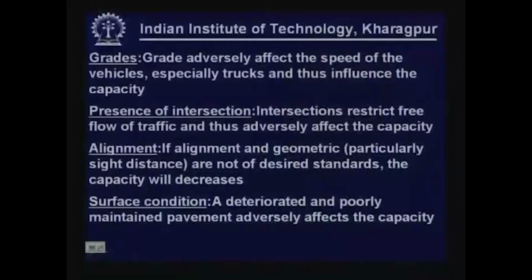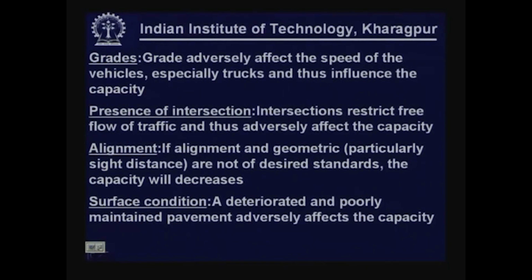So, on grades, presence of heavy vehicles may really influence the capacity to a large extent. Presence of intersections also influences capacity, because intersections restrict free flow of traffic and thus adversely affect the capacity. Alignment also influences the capacity, particularly sight distance. If adequate sight distance is not available, then that will affect the safety as well as the capacity on the road.